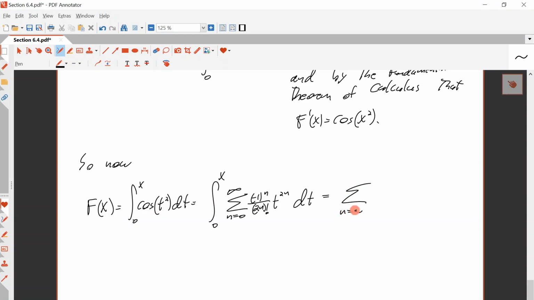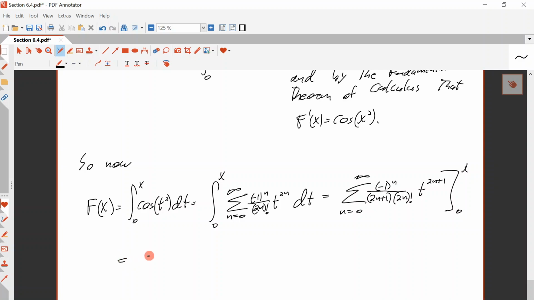That's the sum n equals 0 to infinity of (-1)^n over, so you add 1 to that and you get (2n+1) times (2n)!, t to the 2n plus 1, evaluated from 0 to x.